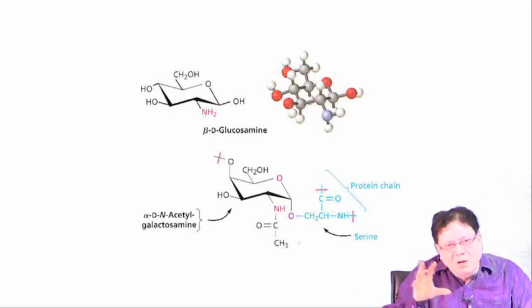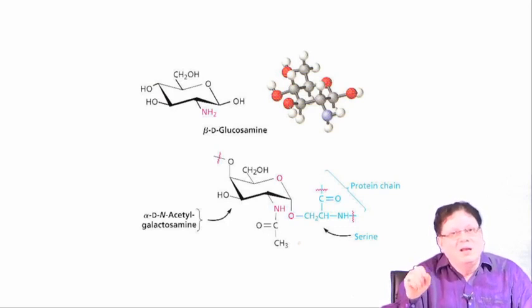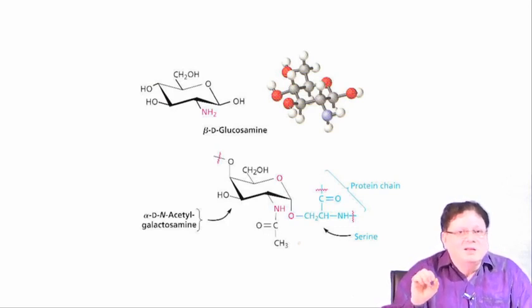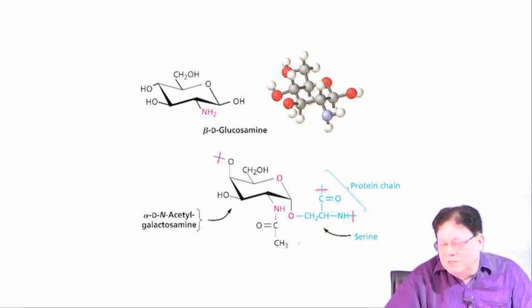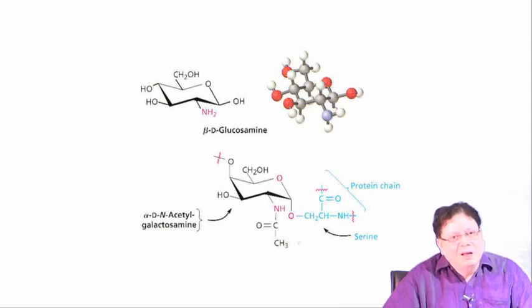But here it is only glucose, so technically we cannot say that this is a 2 prime position. We have to say 1, 2, 3, 4, because this is only the carbohydrate portion and not the nucleic acid. So this is basically 2-amino glucose, but it has a name, it is called glucosamine.